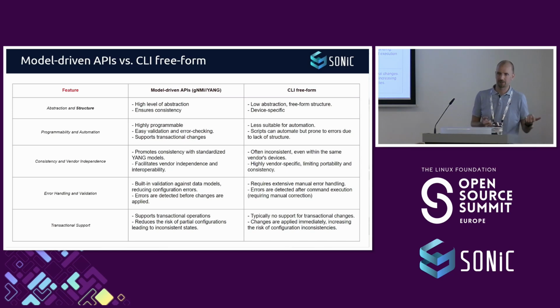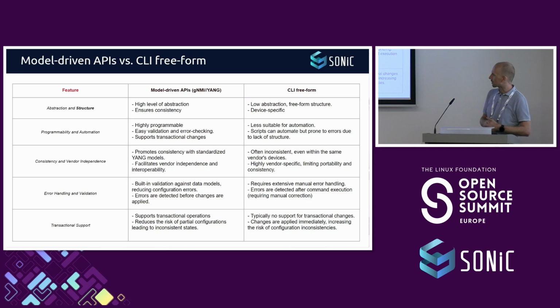If you have error handling by design in the protocol, then you can better handle various failure scenarios. gNMI also supports transactional behavior. If you're sending multiple operations as part of a single request within gNMI, they have to be applied either all or none of them. So that gives you the all-or-nothing scenario, at least on a device level.